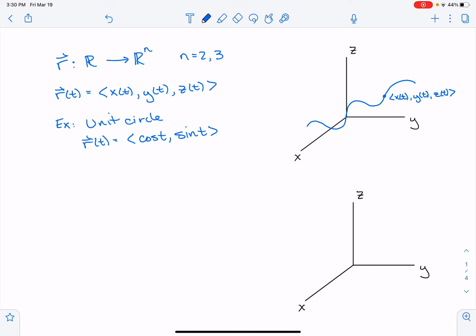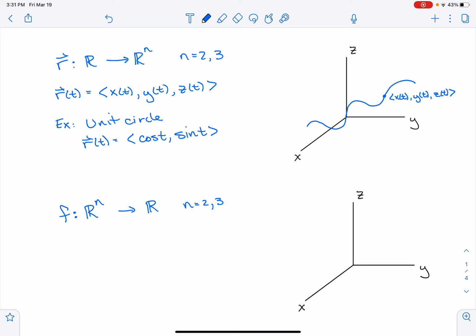Another type of function we looked at is a function that inputs several variables and then outputs a number. Here, a lot of the time, n was either 2 or 3, inputting an x and a y and outputting a number, or maybe inputting an x, y, and a z and outputting a number.